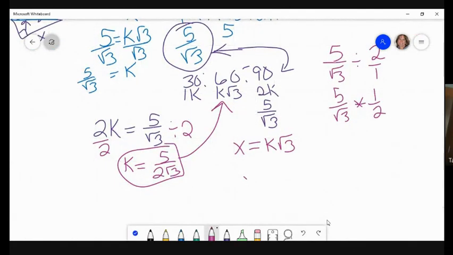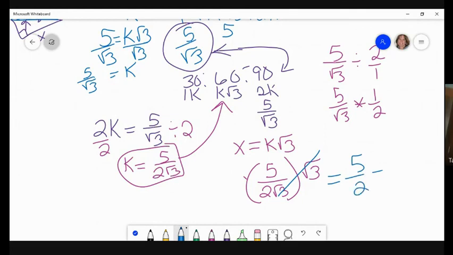And what you're going to notice is the square root 3s are going to cancel out. So k is 5 over 2 square root 3, times the square root 3, so they cancel out. Of course, you could have just typed it in the calculator and gotten 2.5 anyway. All right, is that what y'all got?